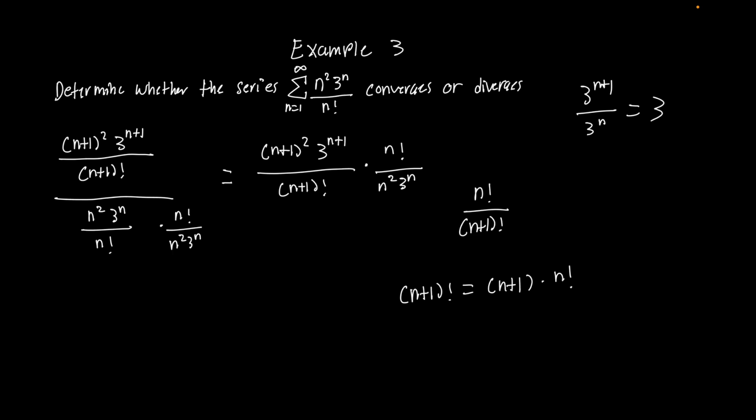But actually, let me do an example real quick to show what I'm getting at. Let's plug in a 3. We have 3 plus 1 factorial, and 3 plus 1 is equal to 4 factorial. We can say 4 factorial is equal to 4 times 3 factorial, because 3 factorial is just 3 times 2 times 1, and 4 factorial is 4 times 3 times 2 times 1.